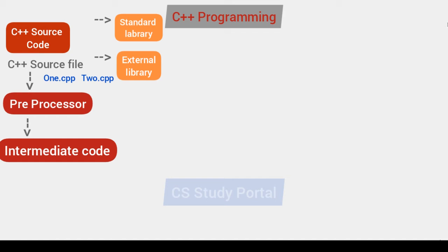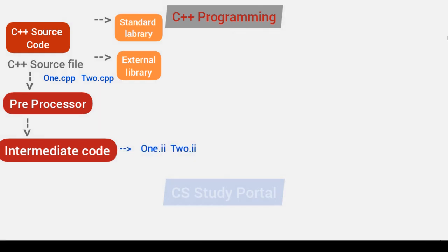In the source code, you provide the name of the header file that you want to include, and the preprocessor will include the content of the header file in your program. It will do all this processing and generate the intermediate file. Now the output of the preprocessor, if it is saved, will be saved in a file which has the extension .ii.